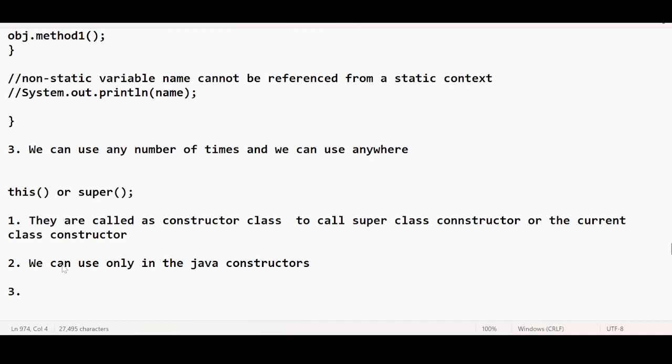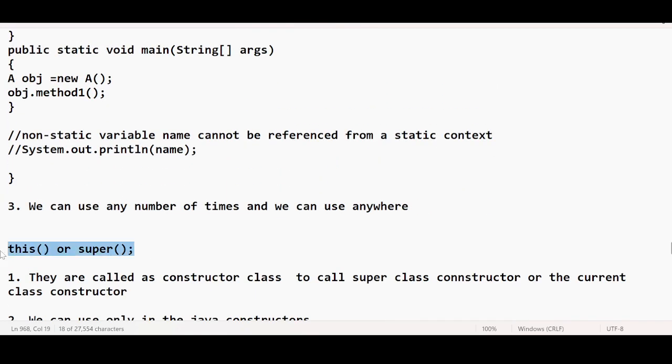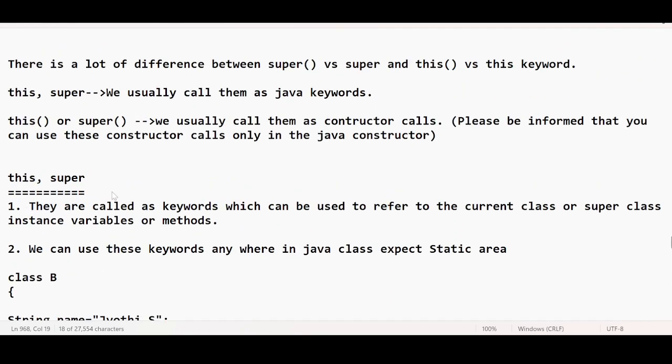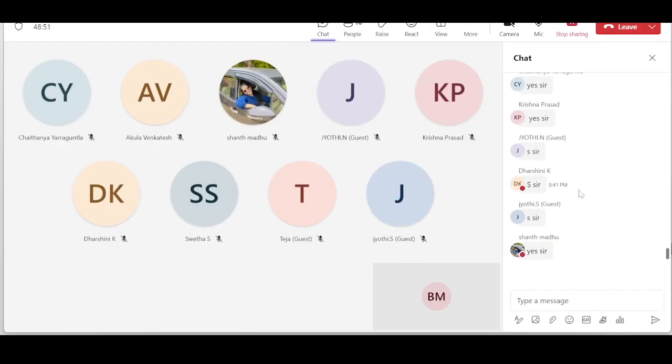The third point is we can use only one at a time, but not both simultaneously. So this is the complete difference between the constructor calls of this or super and the keywords this and super. Making sense? Now you understood the difference, everyone? Yes, no? Say something in the chat box.